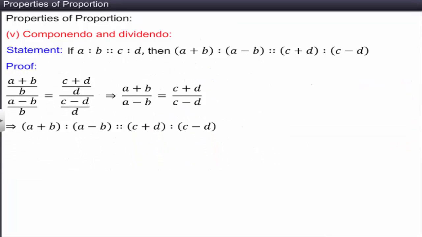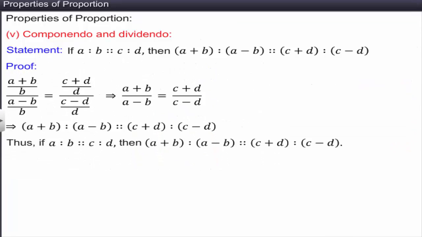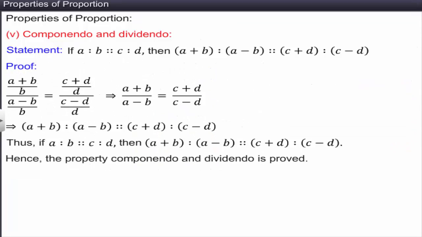Thus, A is to B is as C is to D implies that A plus B is to A minus B is as C plus D is to C minus D. Hence the property componendo and dividendo is proved.